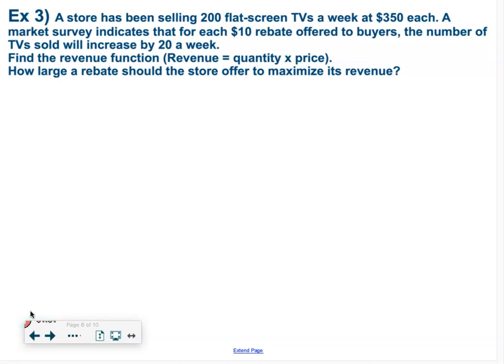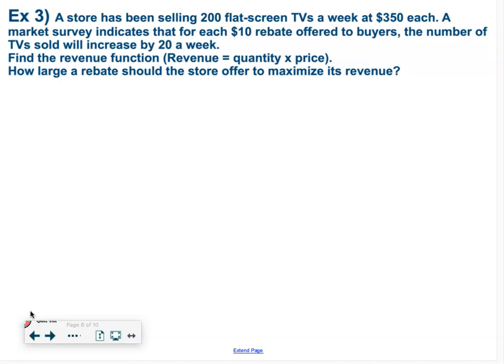Find the revenue function, which is quantity times price. Revenue is the money that a company brings in, right? It doesn't take cost into account. It's just literally how much money did they bring in. All right. How large a rebate should the store offer to maximize its revenue?